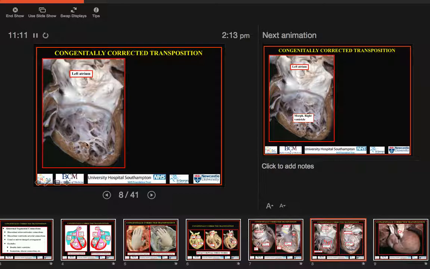Left atrium, very nicely here, you see the horns of the floor of the flap valve of the oval foramen. But here we have the problem. Left atrium connecting to the right ventricle, and we have an Ebsteinoid deficiency of the tricuspid valvar leaflet.